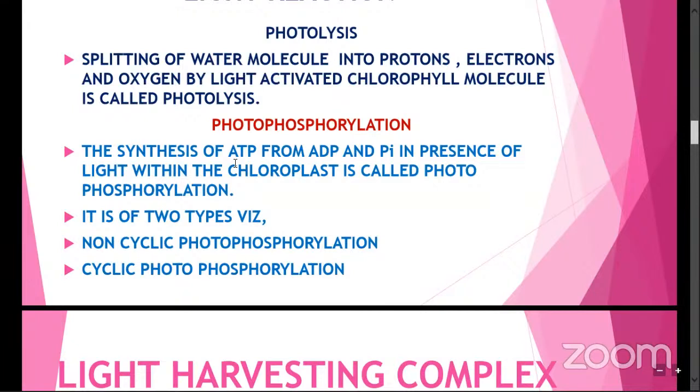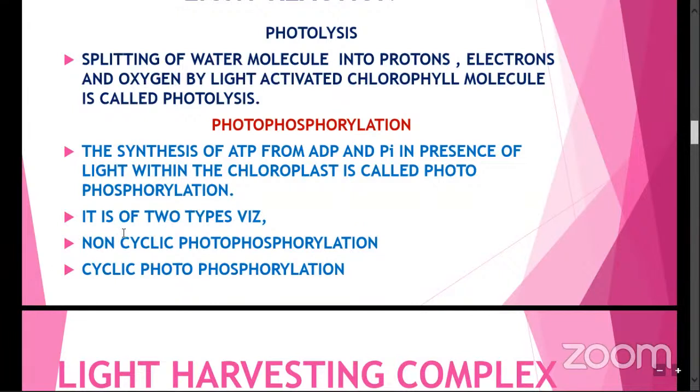IP means inorganic phosphate and ADP means adenosine diphosphate. Synthesis of ATP is possible by adding one inorganic phosphate to adenosine diphosphate in the presence of light within the chloroplast, and this is called photophosphorylation.